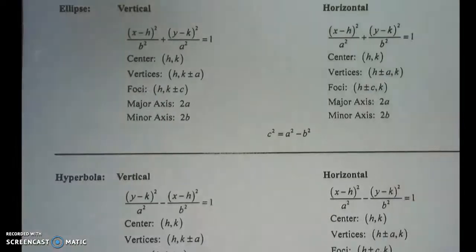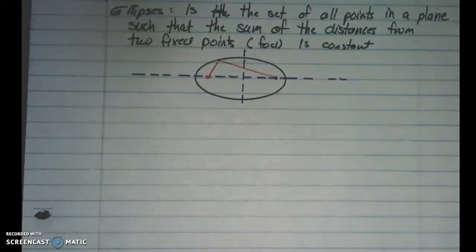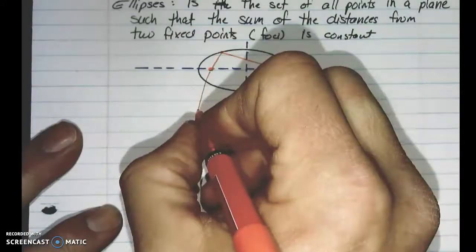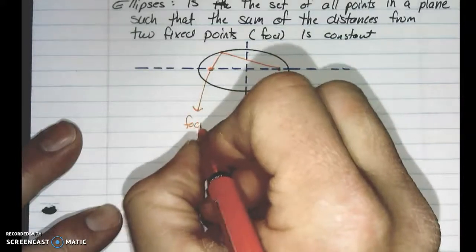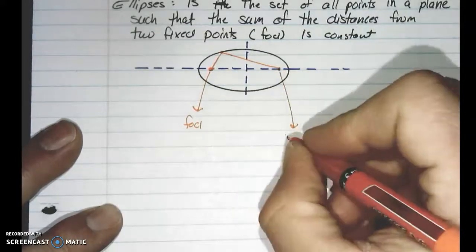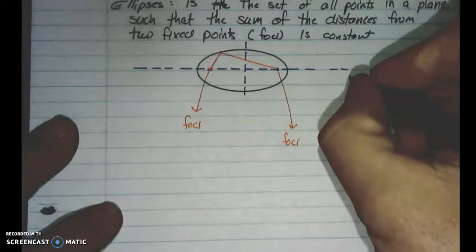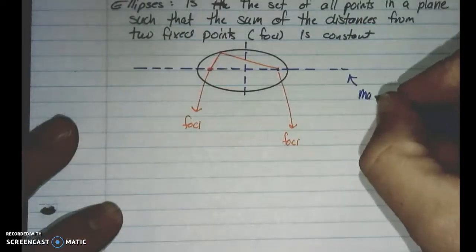So we've got those two points there. This is a foci, this is a foci. This is a major axis.